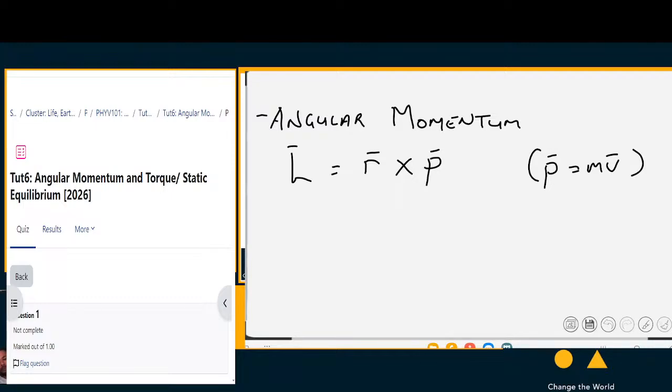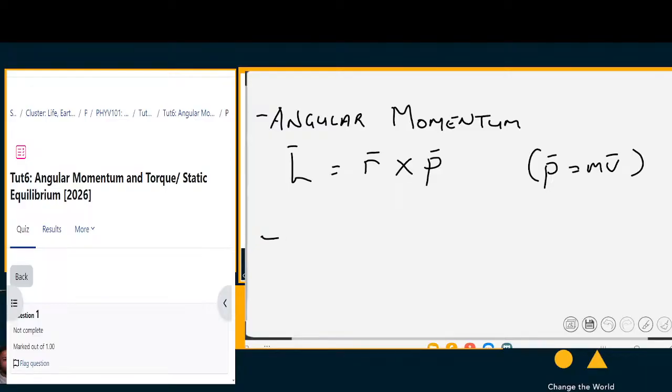Okay, so that is angular momentum. And of course, the angular momentum will be perpendicular to the plane of these two vectors.